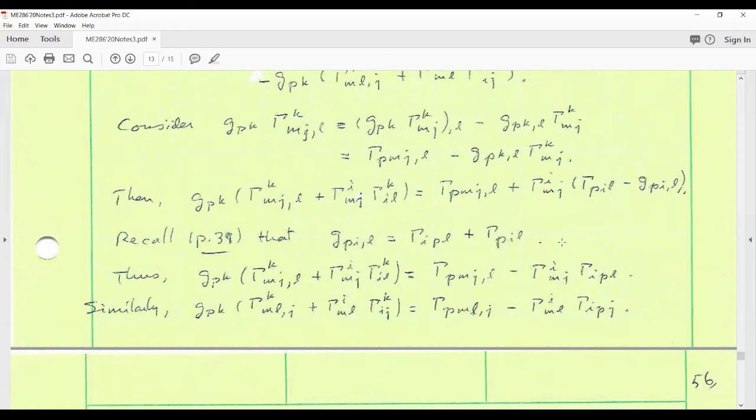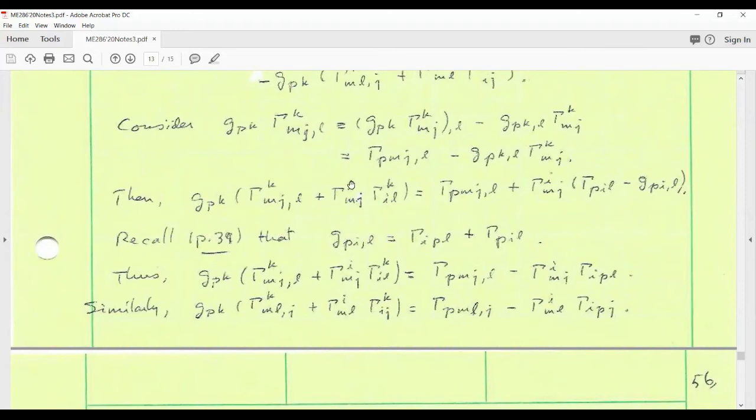Is there a question? Yes, Professor. In the equation above, is there a g_PK in front of gamma_PIL in the last term? g_PK gamma^K_IL gives me a gamma_PIL over here. So g_PK gamma super K IL is gamma sub PIL from the same definition.